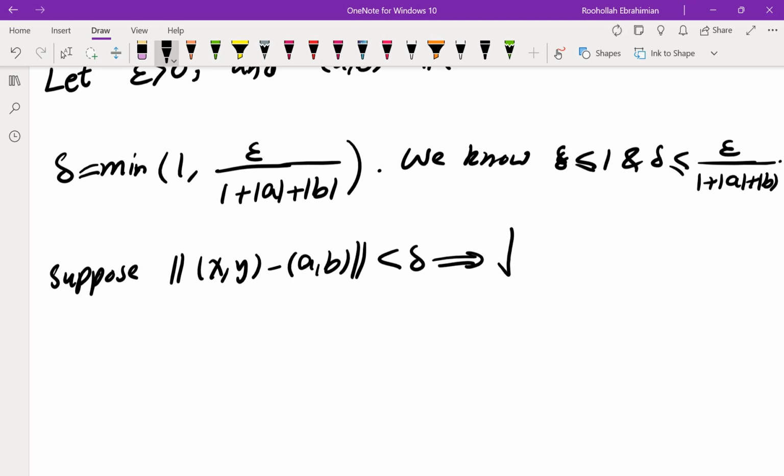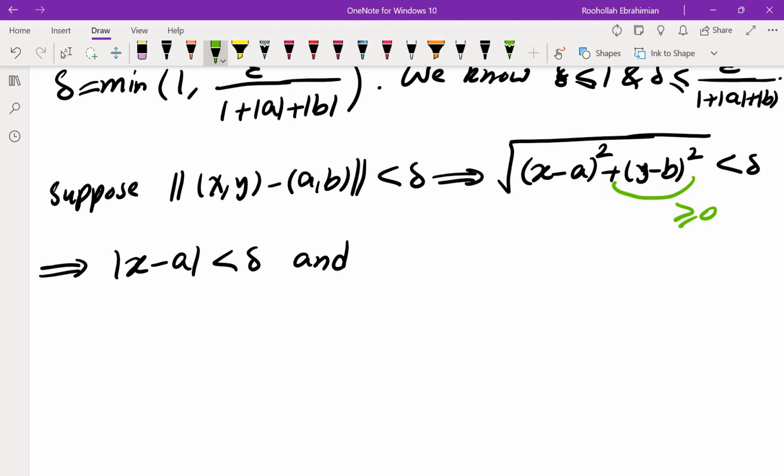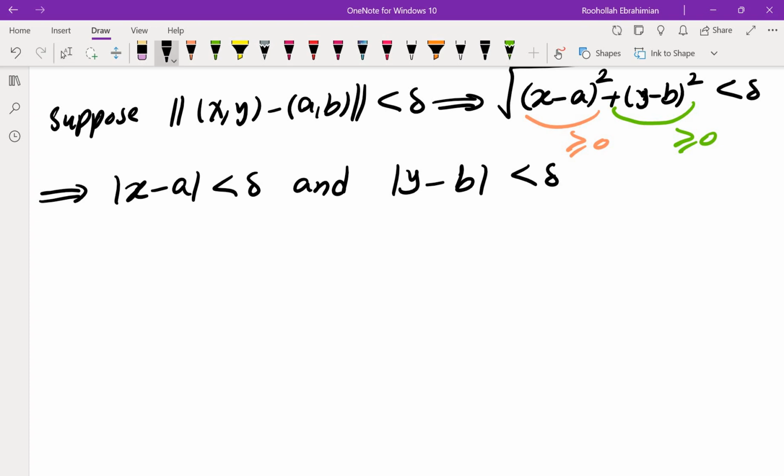That implies the square root of (x minus a) squared plus (y minus b) squared is less than delta, which means the absolute value of x minus a is less than delta, and also the absolute value of y minus b is less than delta, because these quantities are greater than or equal to 0.